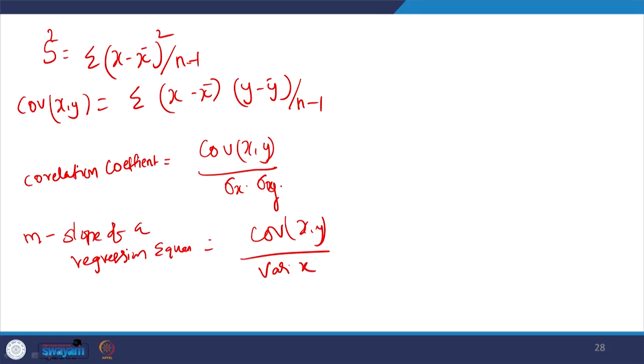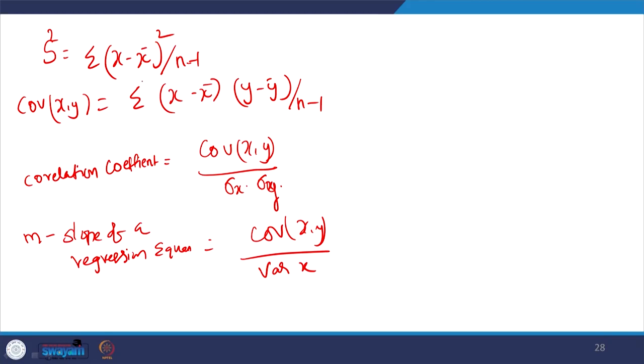So the first one is variance, covariance, correlation coefficient and slope of regression equation. You see that all are having some relationship. The variance is only for one variable. What is the meaning of variance? How far each value is away from its mean. That deviation, square of the deviation, then the sum of the squared deviations, then the mean of that sum will give you the variance.